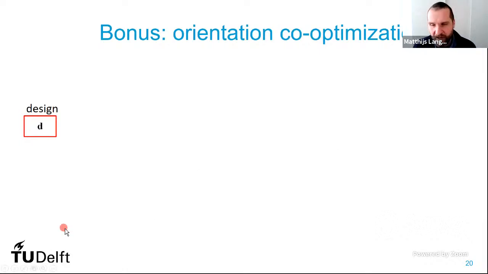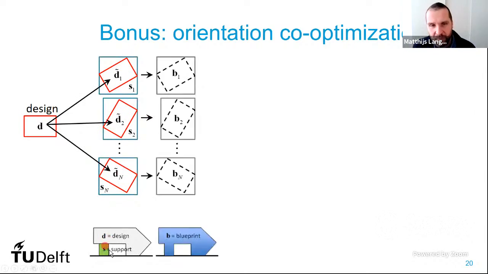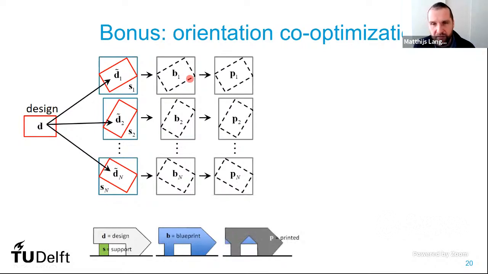In order to optimize the build orientation and account for overhang simultaneously, one approach, which we tried, and I'm not convinced it's the best one, is to take your design, reorient it in a domain, and add some support material by taking the union of two density fields. That gives us the blueprint fields that I just described in different printing orientations.